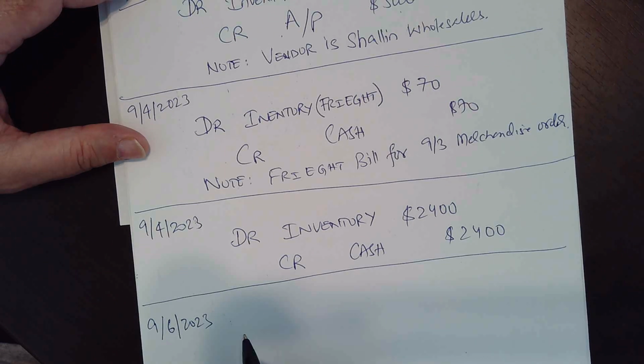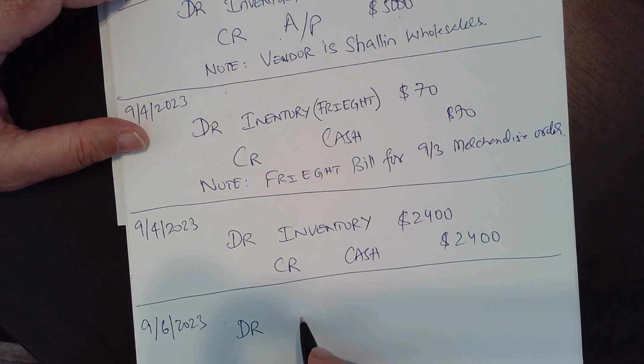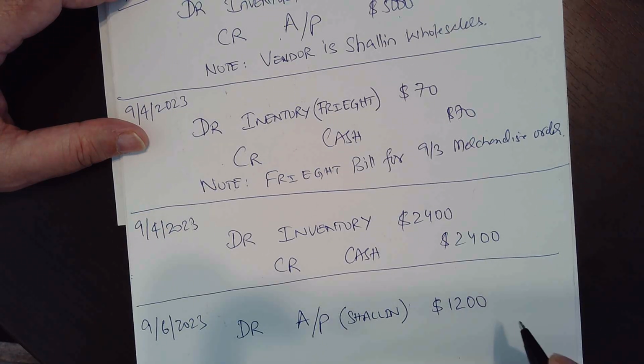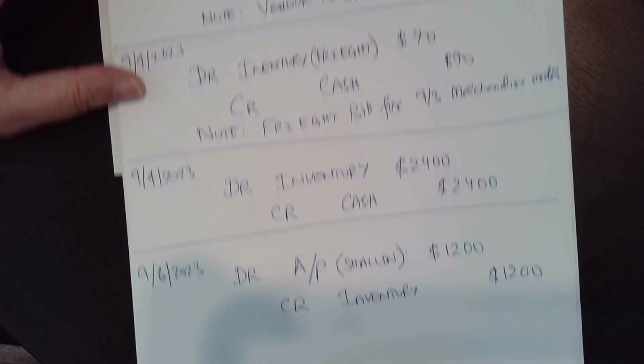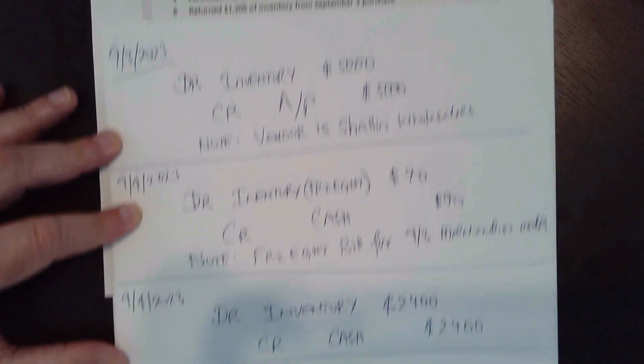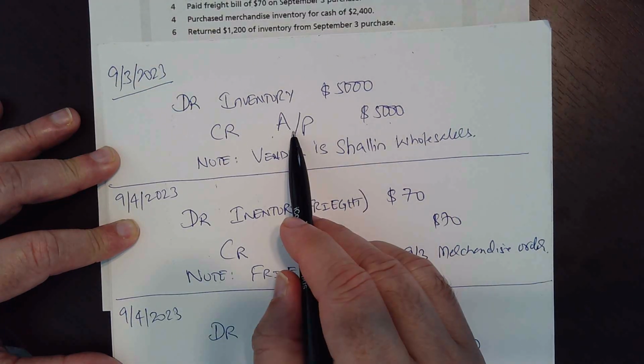What we're going to do is debit accounts payable for Shellin Wholesalers, if you want to write it this way, for $1,200, and we are crediting our inventory for $1,200.